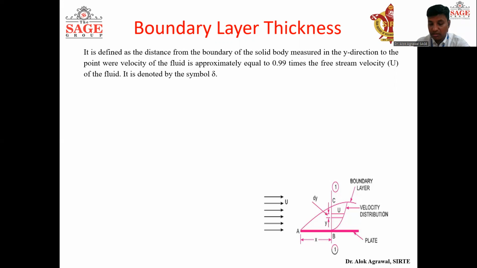Let us understand it in another way. When we keep a plate in a flowing fluid, the fluid layer which is very near to the solid boundary or plate has its velocity reduced to 0.